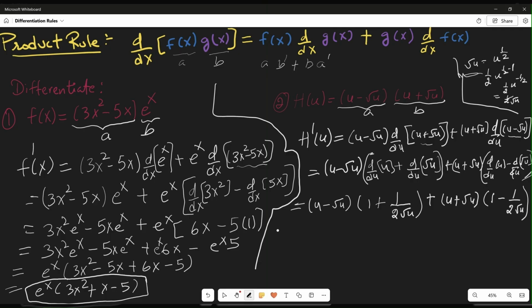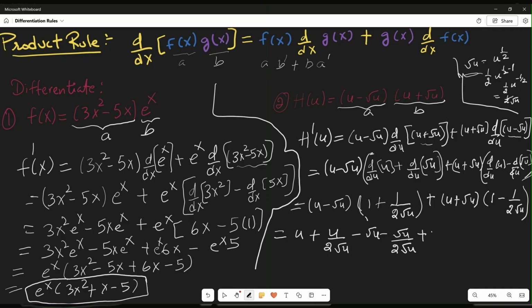Okay, now simplify this further, multiply with each other. So this is what? You multiply by this expression first, whole expression in parentheses. So this is u plus u over 2 times this, minus square root of u times 1 is this, minus square root u over 2 square root u, plus, now this expression is being multiplied with each other.